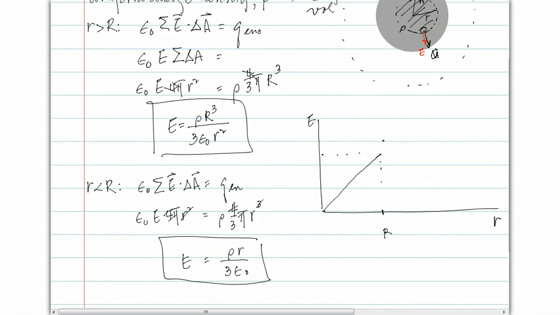Electric field is linearly proportional to r. And then for r greater than big R, it'll be an inverse square law, something like that. Okay, so that's the electric field due to a non-conducting sphere with uniform charge density.